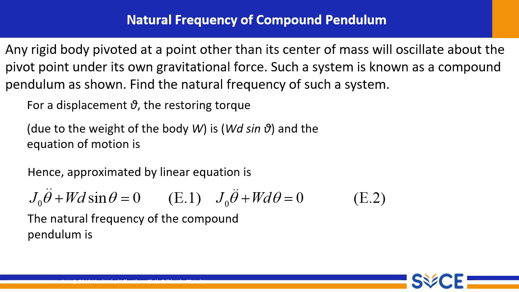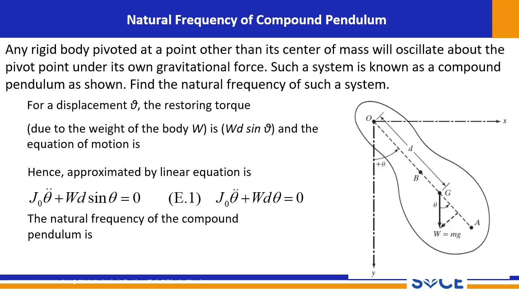We are now going to shift our focus from torsional systems to another type of oscillating system, the compound pendulum. The system is a classical example of how gravity can induce oscillatory motion. Imagine a rigid body like the irregular shape shown here, pivoted at a point O other than its center of mass.